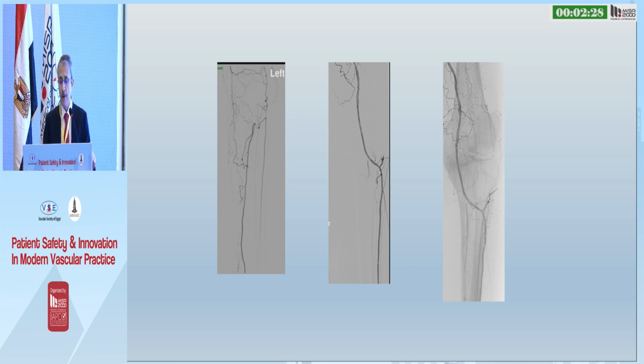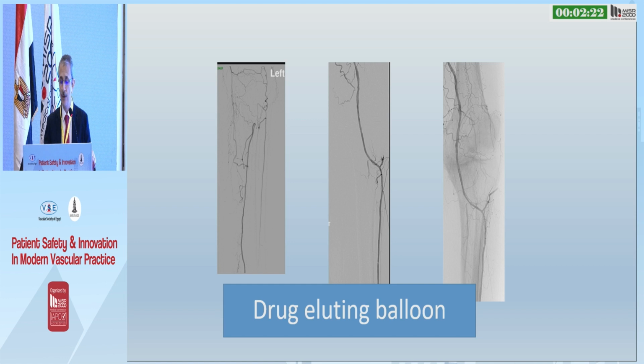And because it is a single vessel, although I got good results, I usually tend to use drug-eluting balloon because, again, it's a single runoff and I can't afford to lose it. Although the evidence for drug-eluting in the infrapopliteal is not well established.